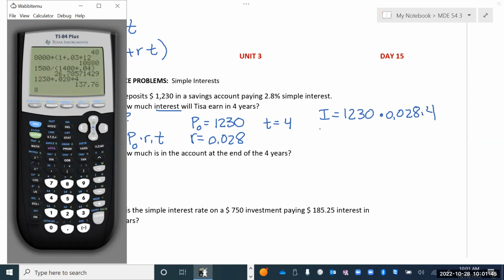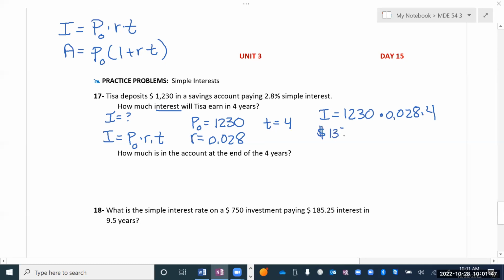And I am earning $137.76 in interest. Yay.